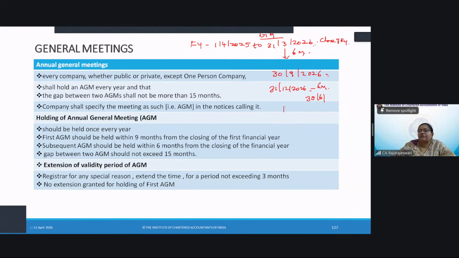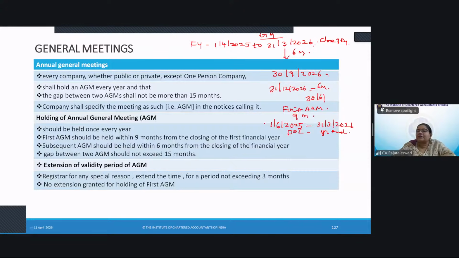If it is the case of a first AGM, then a different time limit is there. You have 9 months from the close of the financial year. Suppose I have incorporated on, say, 1st June 2025 and I want to close my financial year on 31/3/2026. My financial year will start from the date of incorporation to the year end.